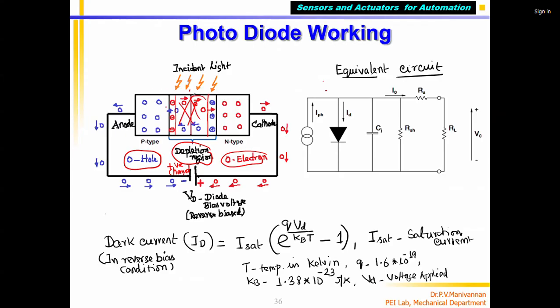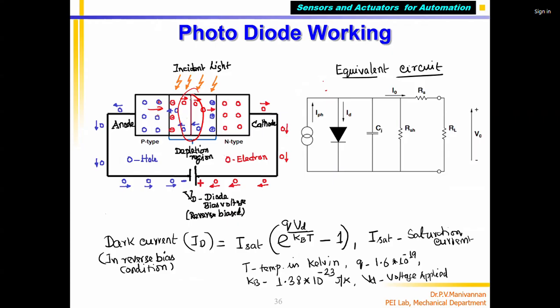That means the holes from this side and the electrons cannot move from one side to another. You know that opposite charges always attract. Holes will attract electrons, so they combine and become neutral. The charge is removed. But the problem is, once the junction is formed, this neutral region prevents the holes from moving to this side.